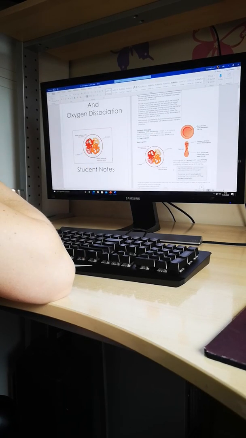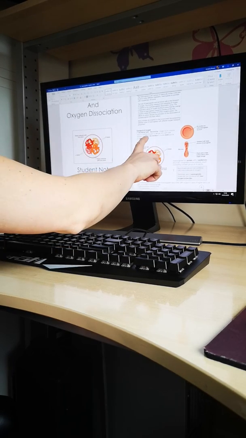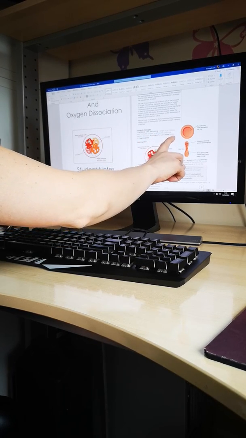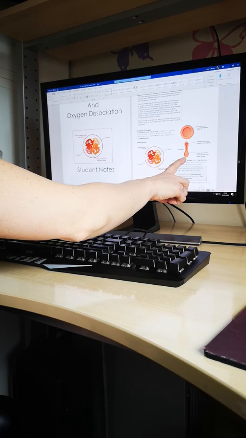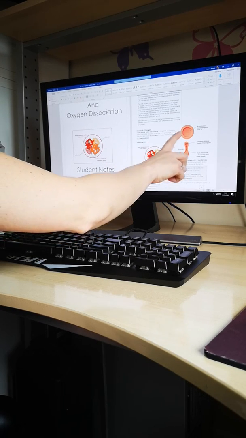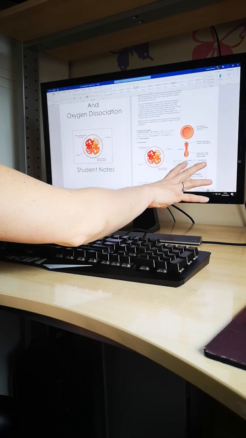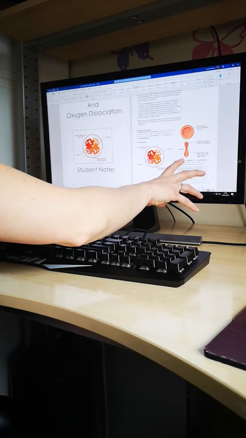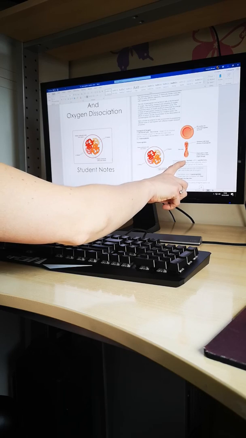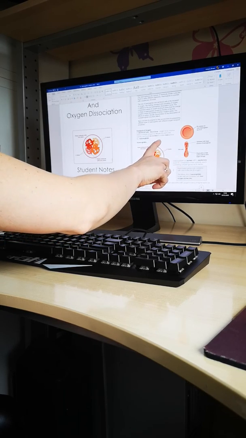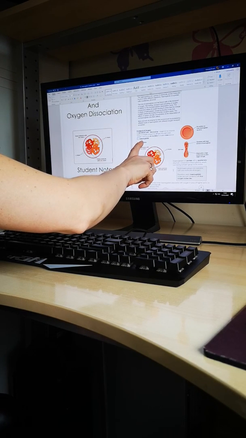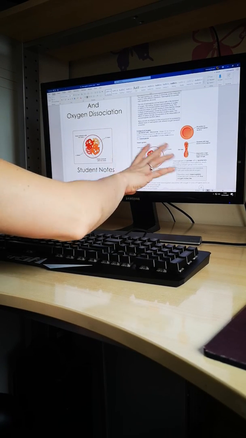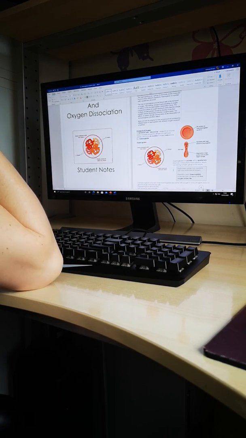We said this gave a large surface area to volume ratio to enable oxygen to diffuse into the cell more quickly. They also have no nucleus when they're mature. They do start life with a nucleus, but as the cell becomes a mature red blood cell, it loses its nucleus and most of its organelles, and in that space we've got more of this really important chemical, haemoglobin, which is what this topic is all about.